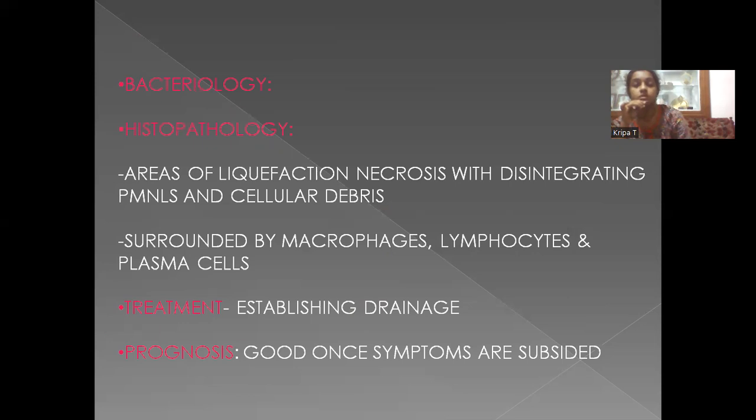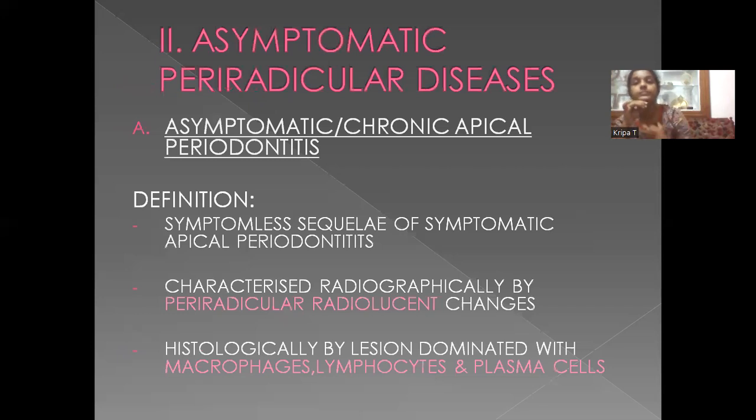Histopathologically, there are areas of necrosis with degraded or disintegrated cells and debris. Here, chronic inflammatory cells will be evident, and the treatment is again considered an emergency, establishing drainage. Prognosis is okay or good once the symptoms have subsided.